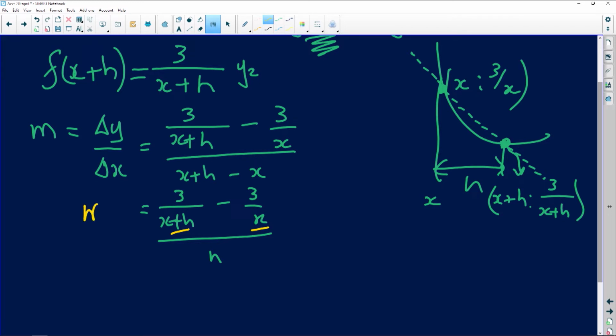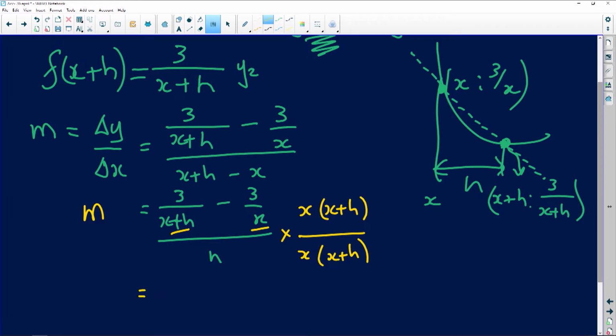This is still my gradient, my average gradient between those 2 points. If I take this fraction, I multiply the numerator with x times x plus h, and I multiply the denominator with x times x plus h, it immediately takes care of these 2 denominators, and the complex fraction over here will dissolve.